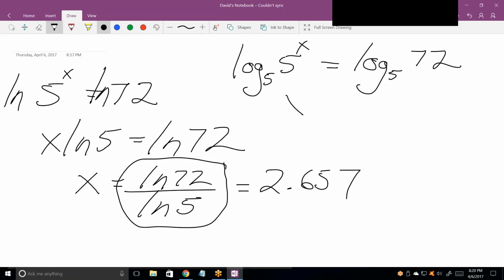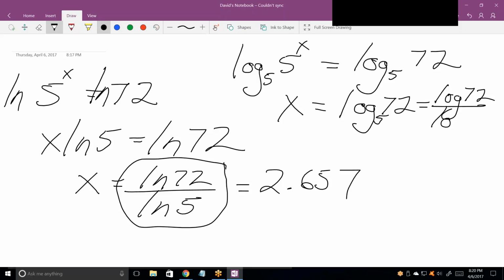So the left side immediately becomes x. But now I've got this thing that I can't even get that number out of the calculator without using change of base. So I got to use change of base formula, which gives me log of 72 divided by log of 5. So it's really no more efficient.